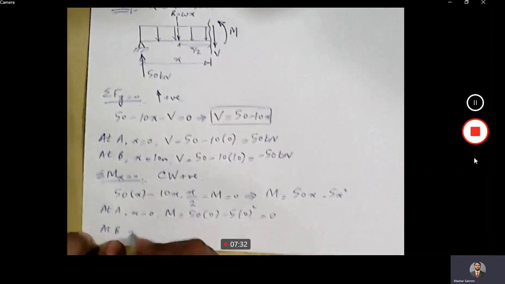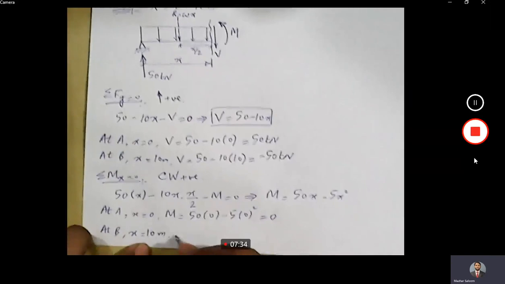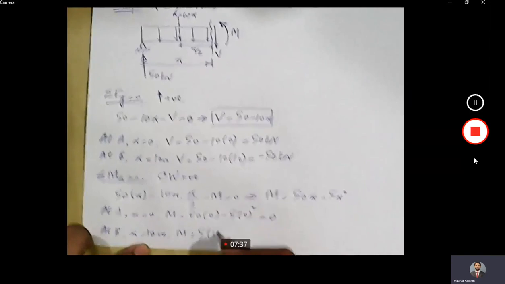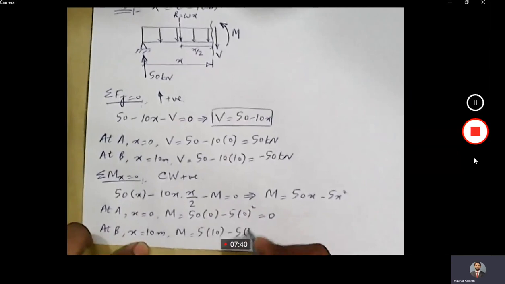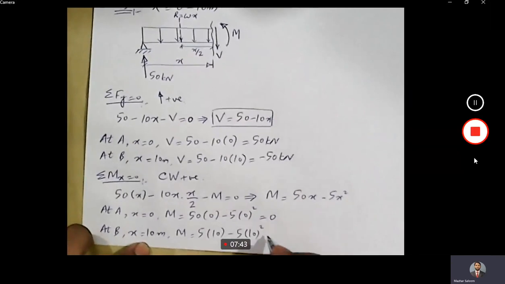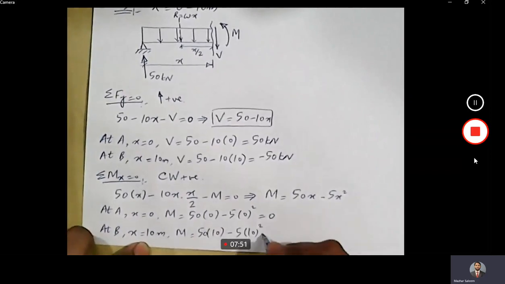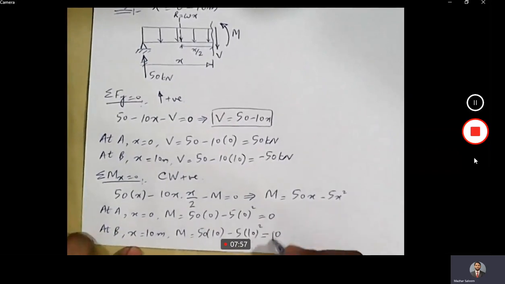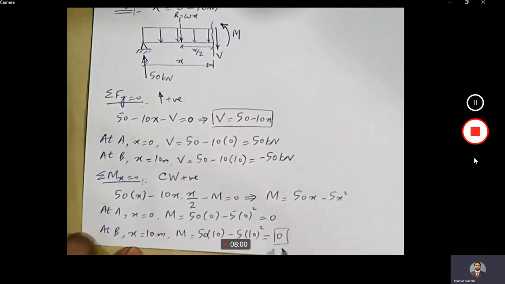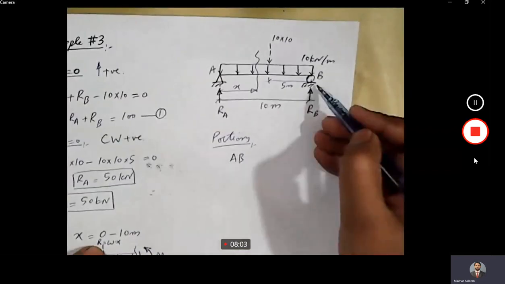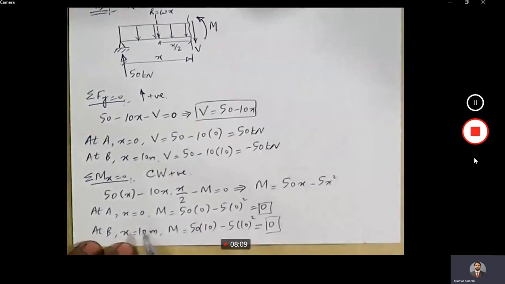At B, x is equal to 10 meters, M is equal to 50 into 10 minus 5 into 10 square. If we solve this, what do we get? We get 0 again. Is this 0 logical? Yes, this is logical because we have a roller support at point B. So 0 moment at support A and 0 moment at support B.